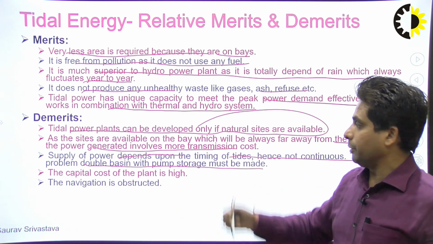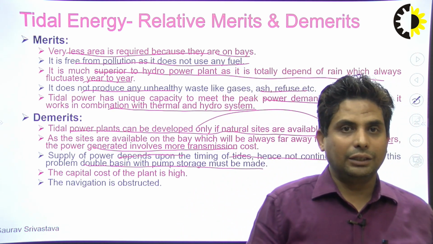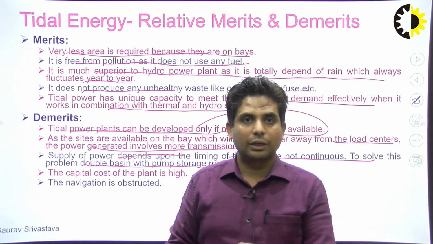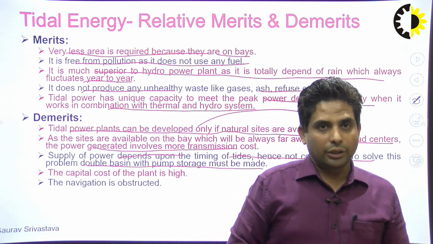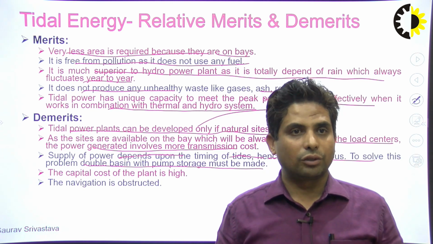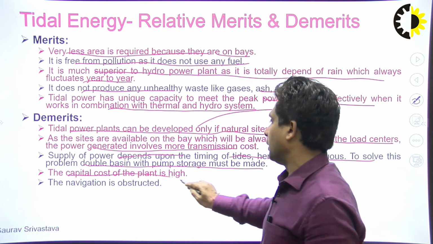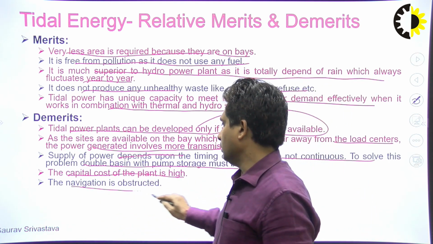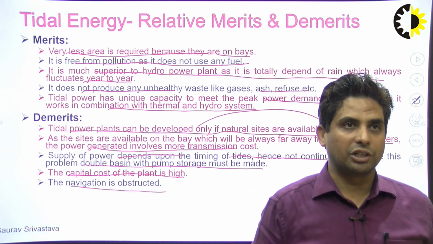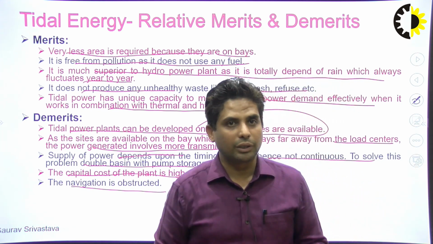With a double basin and pump storage, they can generate from the tides, and the movement of the tides will be higher and electricity will be produced. But with pump storage, we have to give extra power or investment to the pump storage system, so the capital cost of the plant is high. The navigation is obstructed. So this is all about the demerits and restrictions of tidal waves. The next topic will be covered in the next chapter.